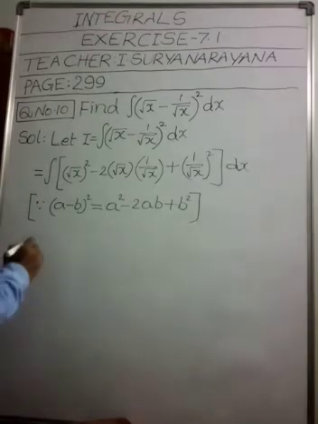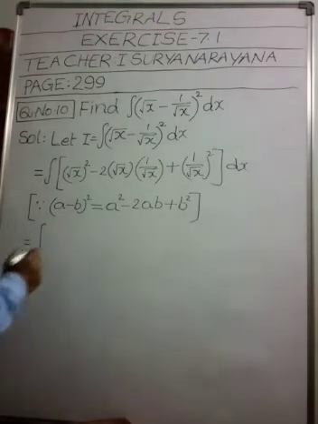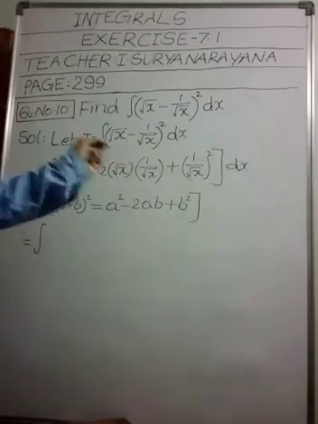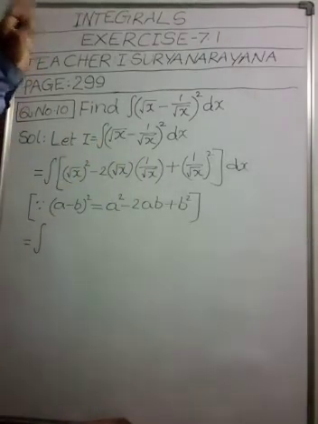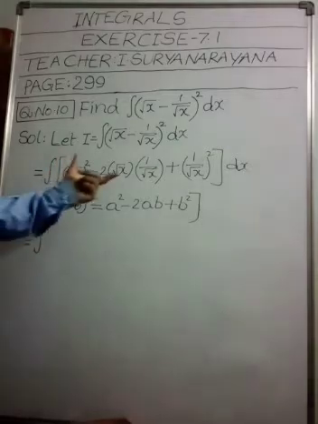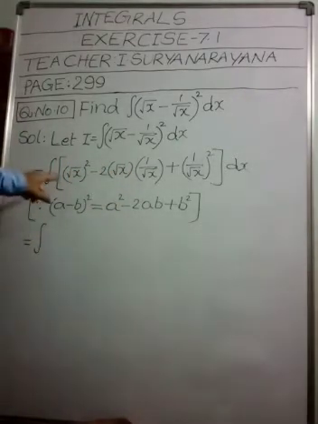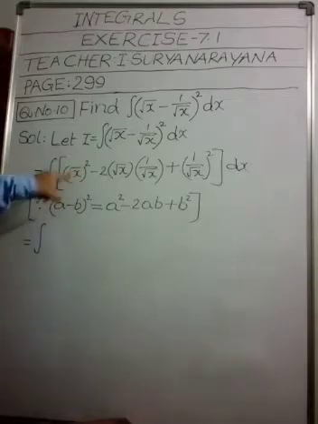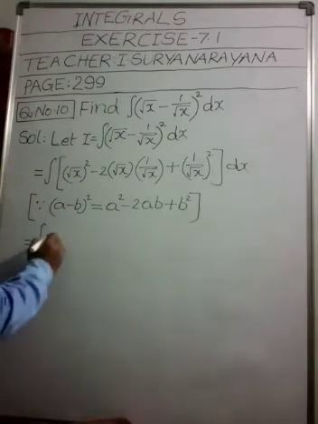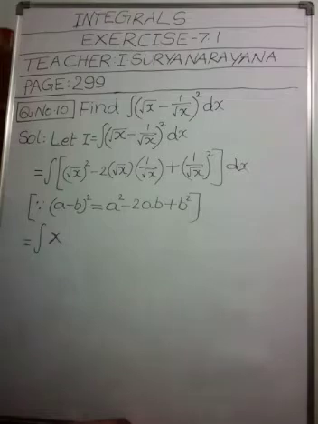Right. That is equal to integral of, let us simplify each and every term. After that, we go to the integral part. Okay, my children, after simplifying each and every term, let us go to the next step. So, integral of what we get: root x whole square, x. Understood this first term, my children? Right.